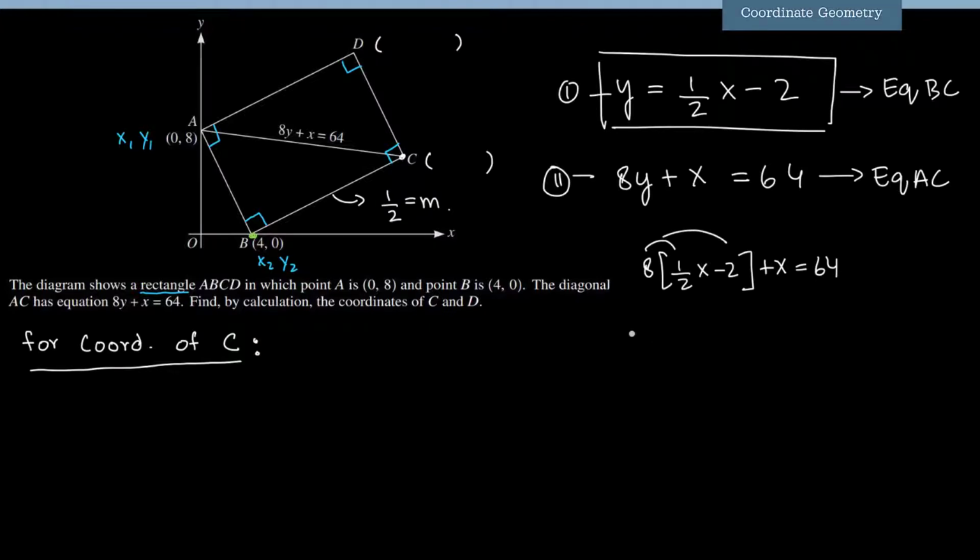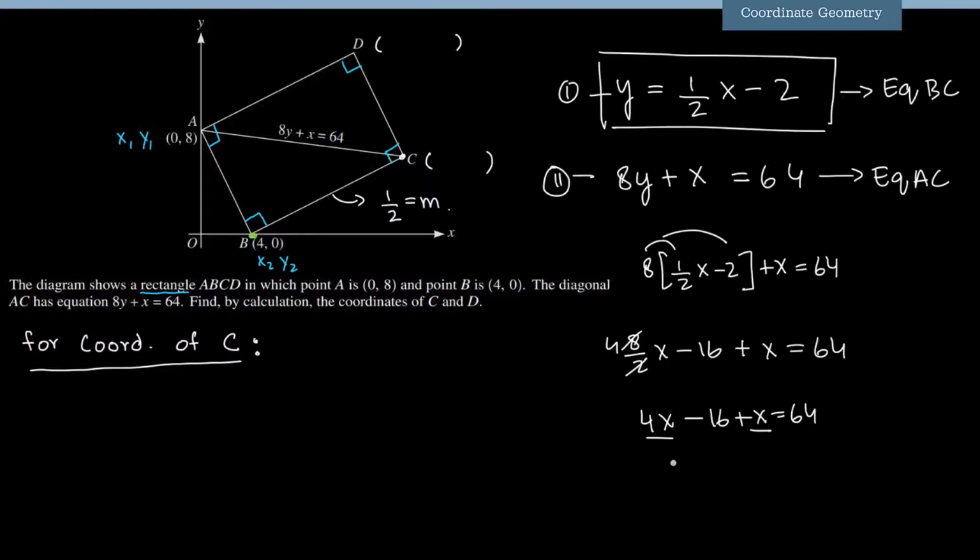Multiplying out the brackets, I'll get (8/2)x - 16 + x = 64. 8/2 is 4. I'll get 4x - 16 + x = 64.